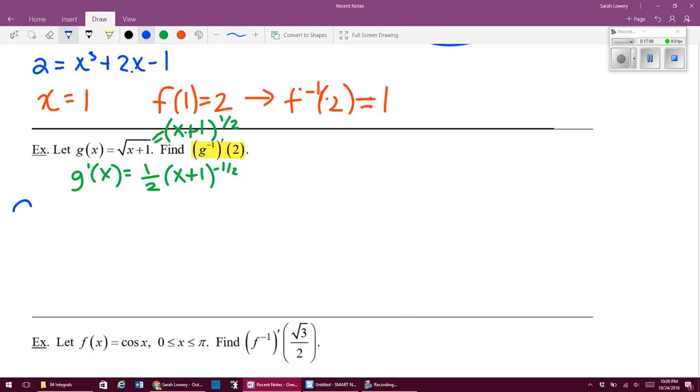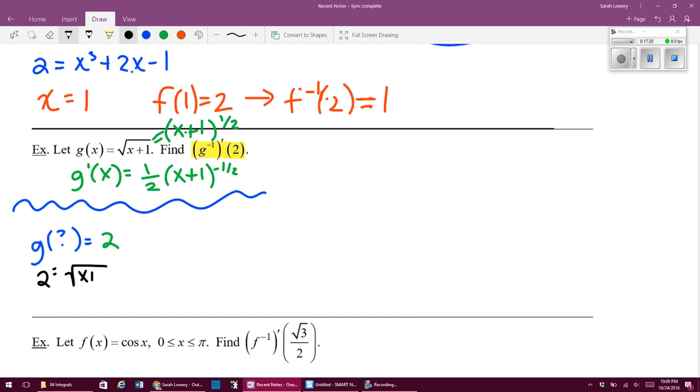Okay? Now here's what you need to ask yourself. If I want to find g inverse derivative at 2, I need to know, where is my function actually equal to 2? Okay? So to do that, I'm going to say 2 is equal to the square root of x plus 1, my original function.